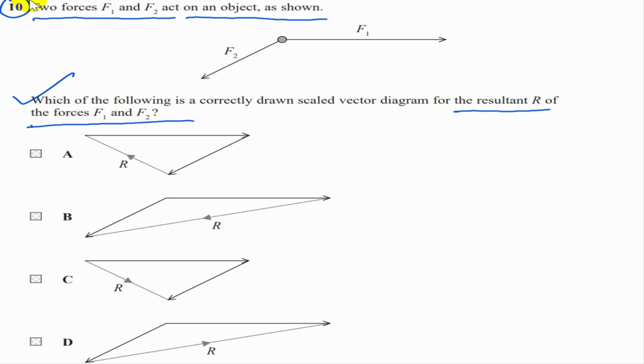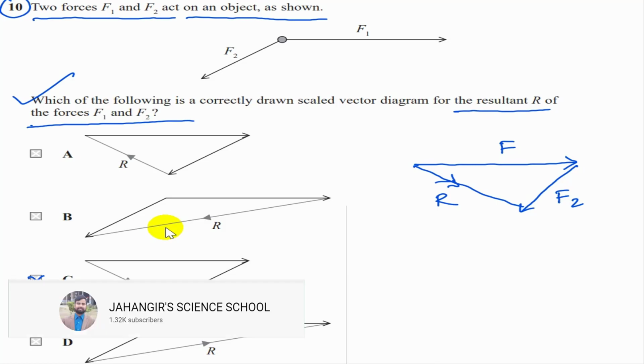So if you represent F1 by a horizontal line, and F2 force is represented by another adjacent arm of a triangle, then if we draw the third arm of the triangle, the resultant vector will be represented by the third arm in the opposite way. So correct answer is C here.